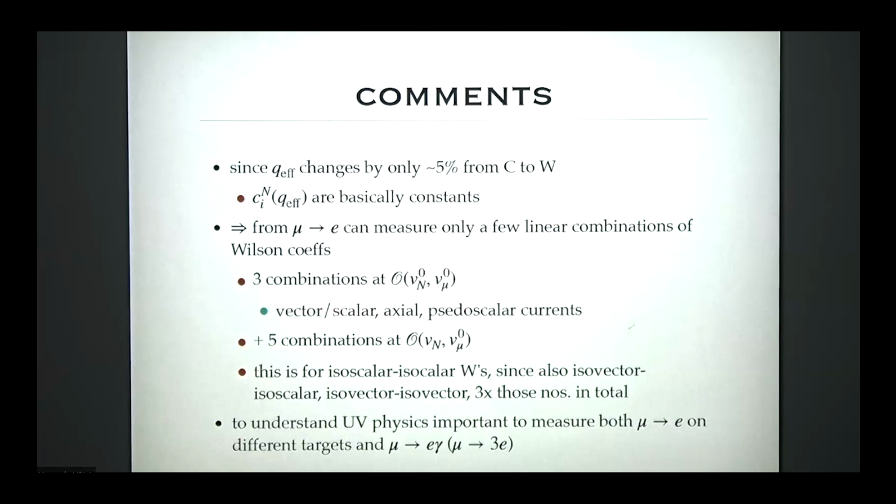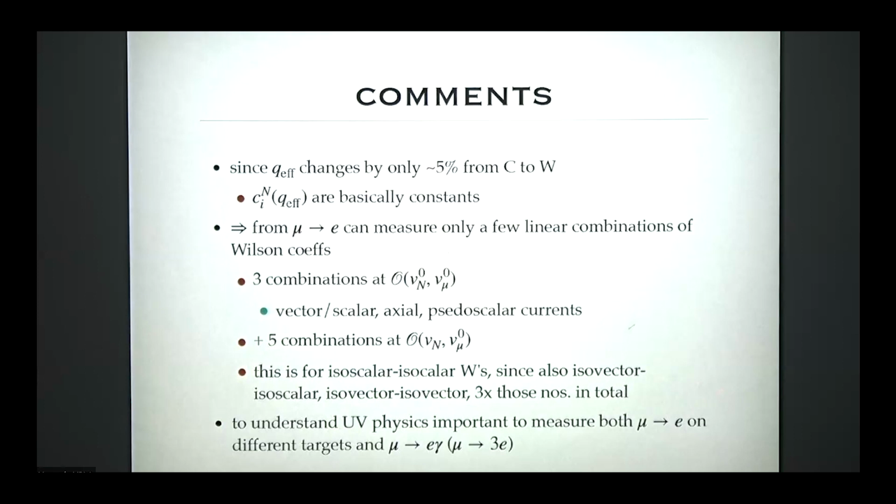Now, if your calculations are precise enough, and you have the stamina to do more nuclei, so conversions on more nuclei, you will be able to measure 5 combinations. Here, I only do isoscalar counting, so there are then 3 times more numbers. So here would be 9. In reality, it's nucleon coupling to neutrons and protons.